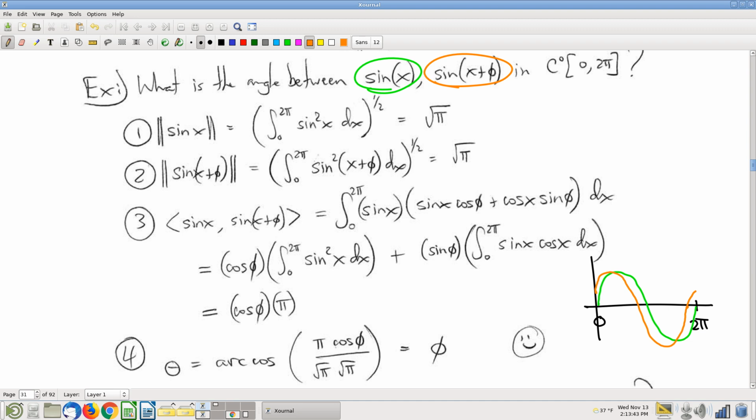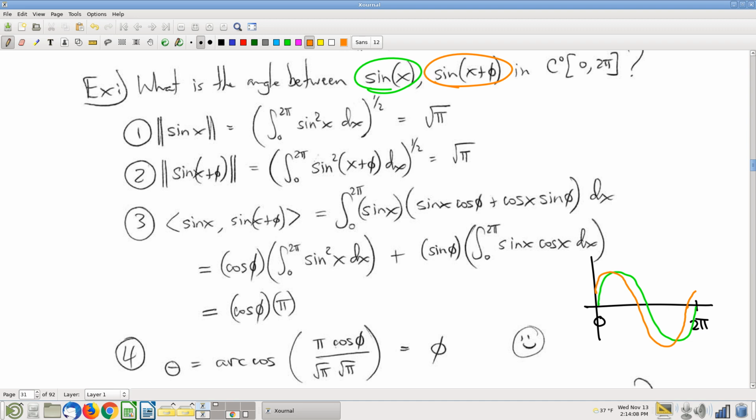But look, these functions kind of track each other. The values of the green function, the values of the orange function, they're pretty close. And so now I appeal that infinite dimensional though this inner product space is, if you have two vectors that are pretty close to each other, if they're not that far apart, then the angle between them should also be small.